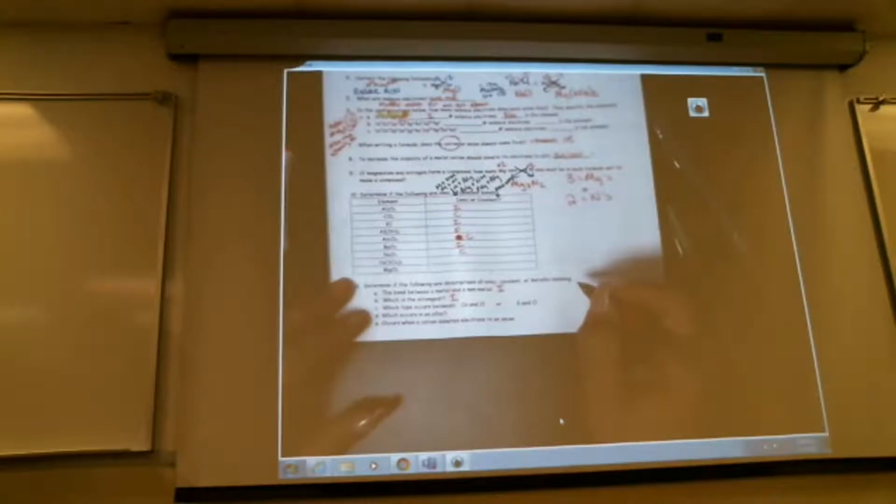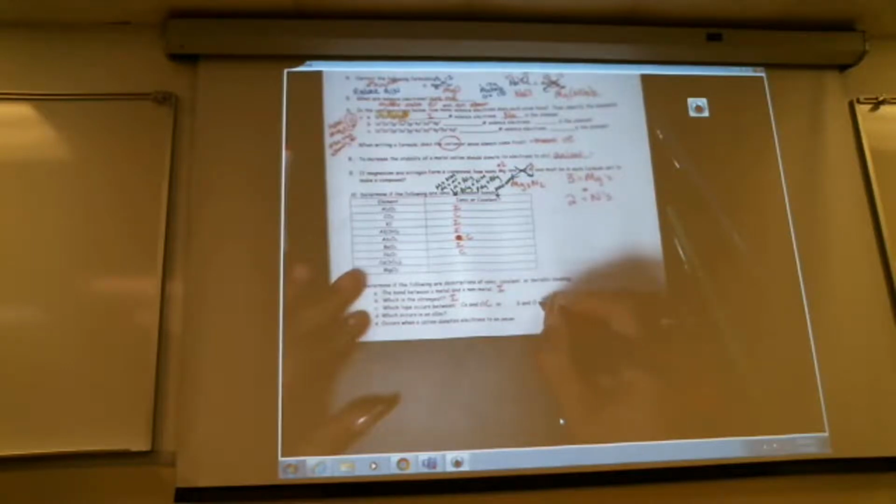The next part here, determine the following descriptions if they're ionic, covalent, or metallic bonding. I know there are similar questions on the test. Bonding is stronger than covalent bonding. Letter C, which type occurs between, for example, Ca and Cl or S and oxygen? So Ca and Cl, that's going to be covalent bonding.